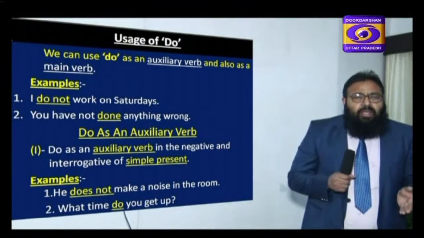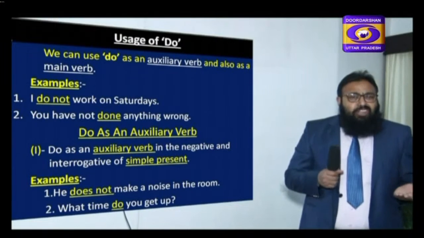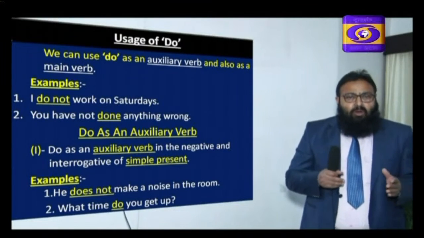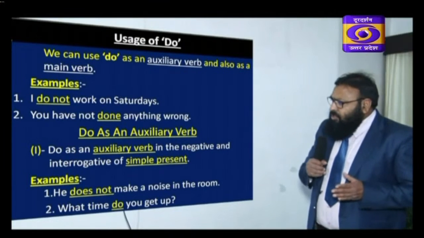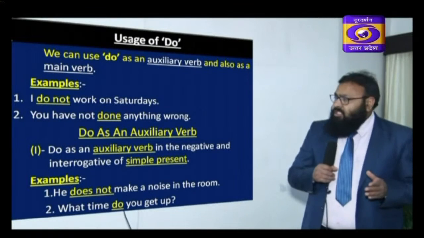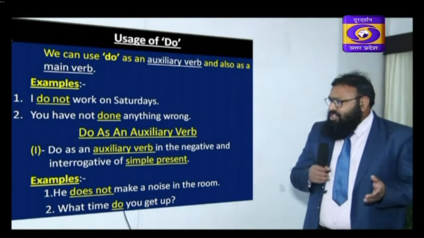But the moment it becomes negative or interrogative, the helping verb comes in. So the first use of do is in the simple present.